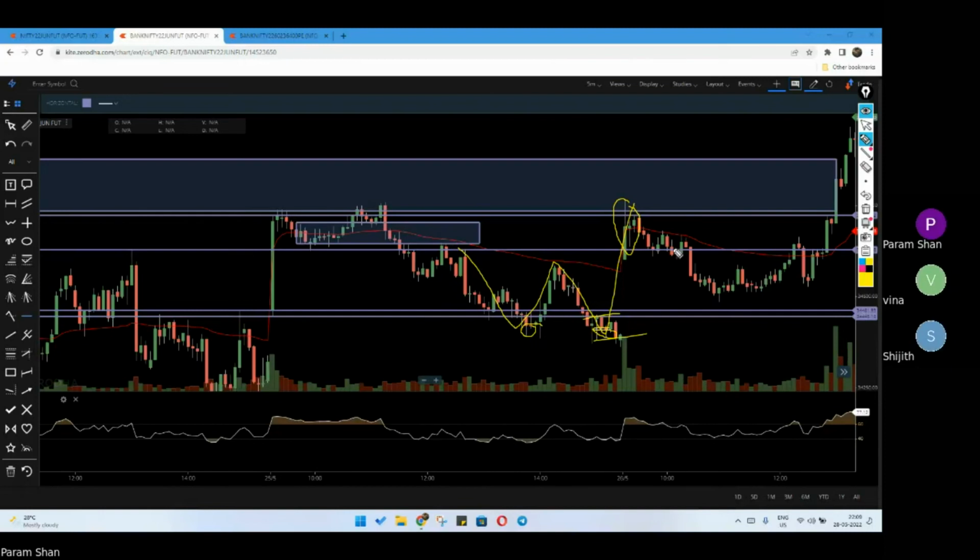We are not talking about micro and macroeconomics, which is happening after our market hours. If something happened after our market hours, the finance minister came up and said something very negative for the market, then it could have been gap down also. So from a technical point of view, yes, it's a good one.